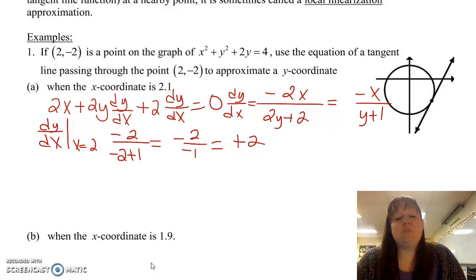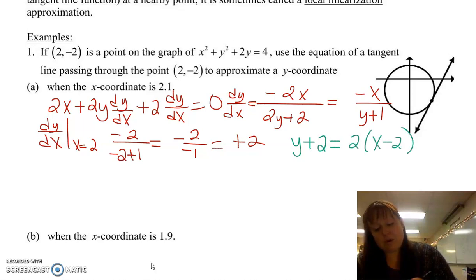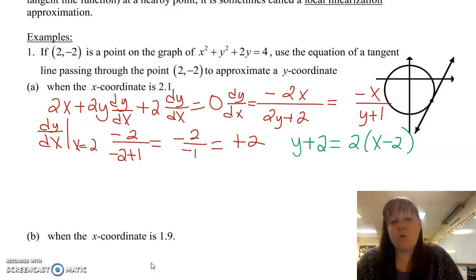Okay, so the slope of the tangent line is positive 2, so now we have a slope. Now we just need a point. So how would we write the equation of the tangent line? We have a slope, we need a point. So the equation of our tangent line would be y plus 2 equals 2 times (x minus 2). I just wrote it in point-slope form by plugging in the point we know. So that's the equation of the tangent line.